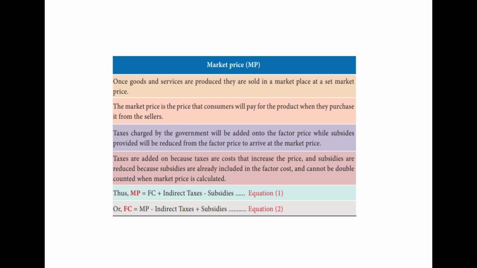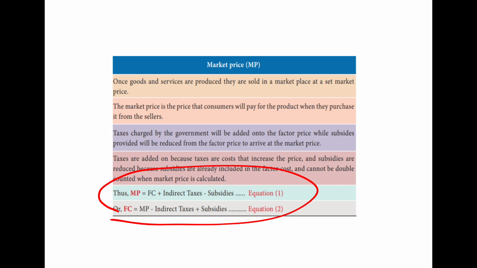Finished products have a price. So, the market price is nothing but the price that the consumer pays when he purchases a particular commodity. We can see a formula given here.